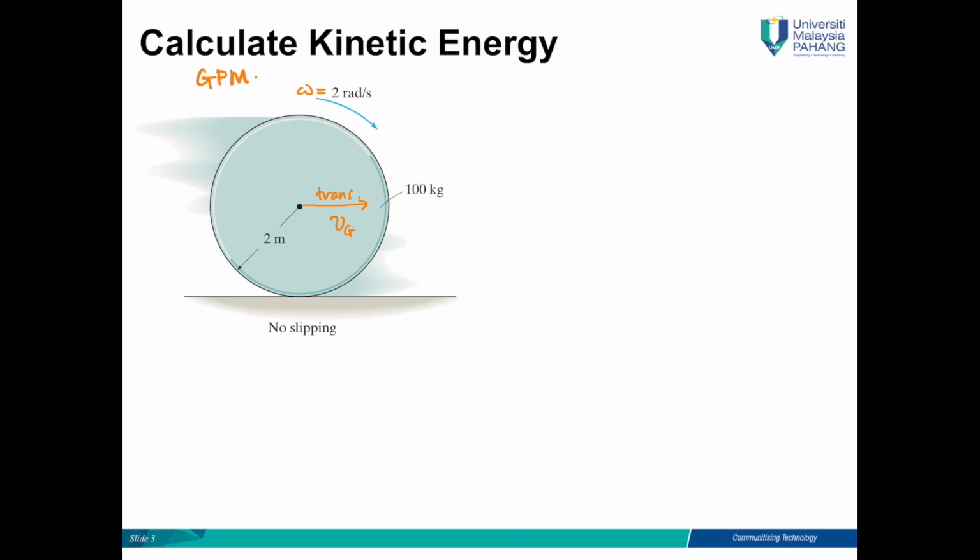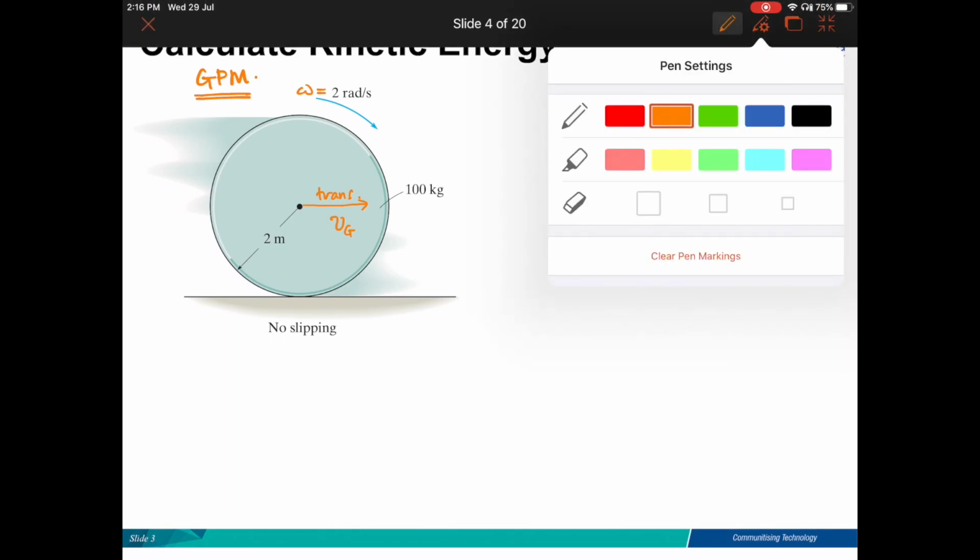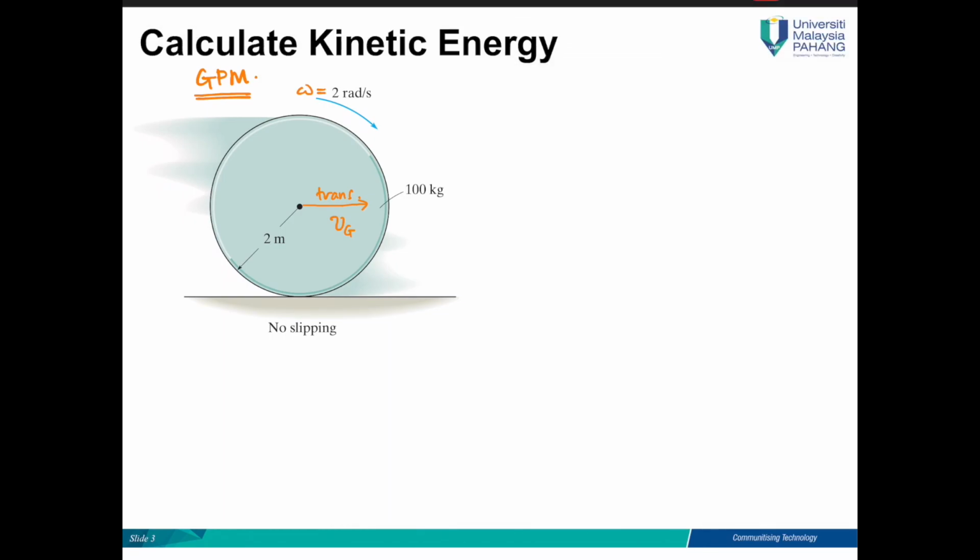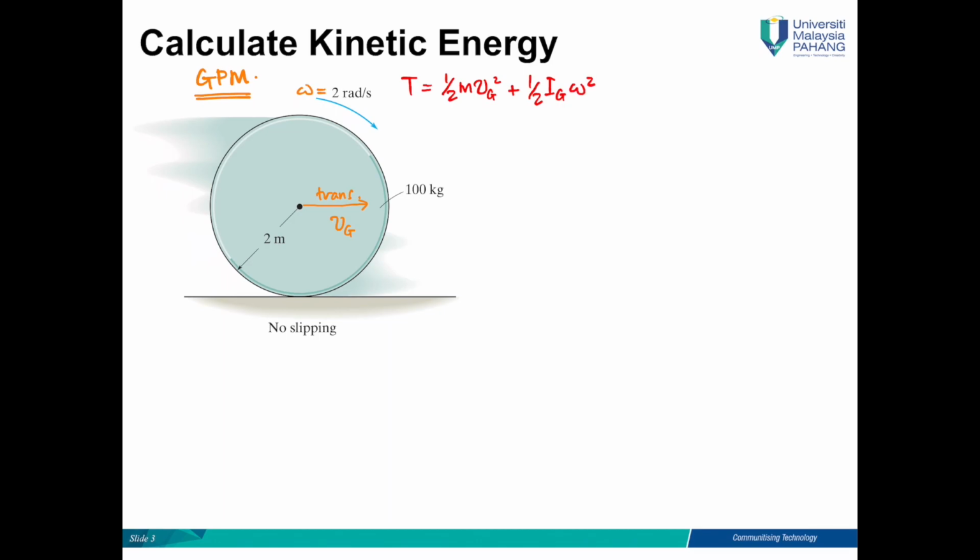Therefore, this is definitely a general plane motion case. So for general plane motion, you have to use both terms, which is T equal to 1/2 m Vg squared plus 1/2 Ig omega squared. All right.